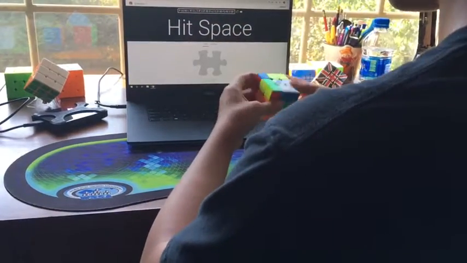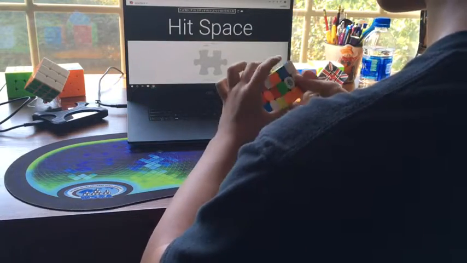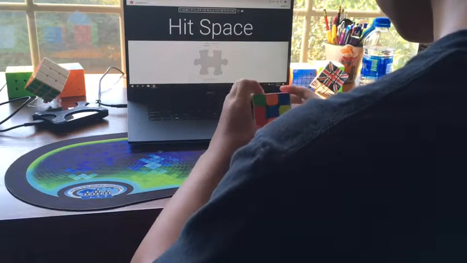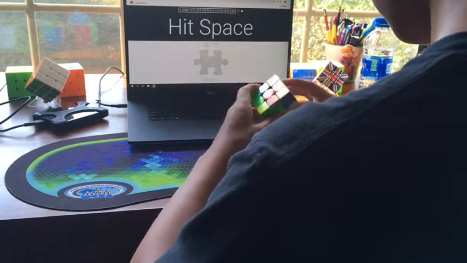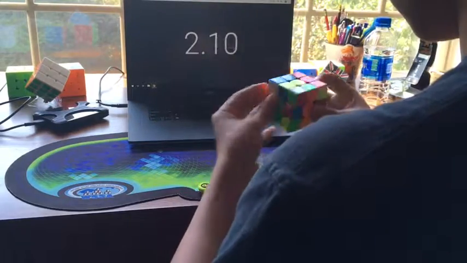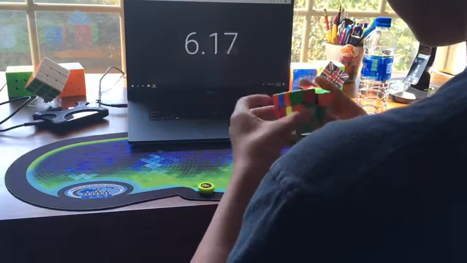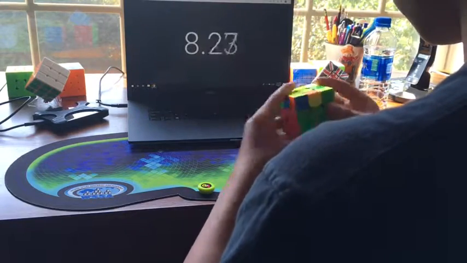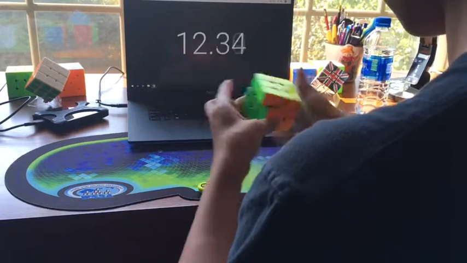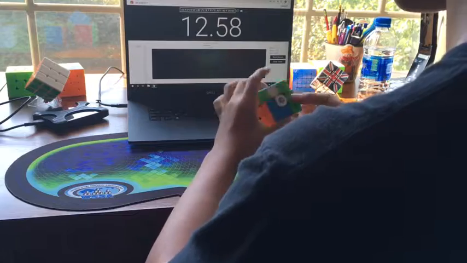Okay, so let's start with the pros of CFOP. One big pro is that since it is the most popular advanced method, there has been a lot of documentation and discovery involving it, more so than in other methods. In other words, there are a lot of different algorithm sets that are not just the basic OLL and PLL.